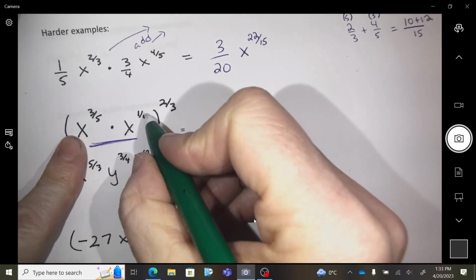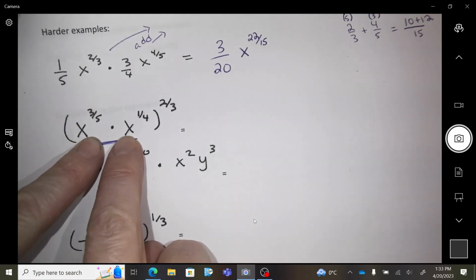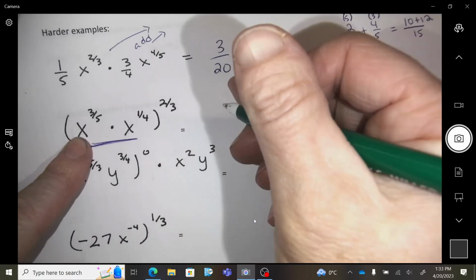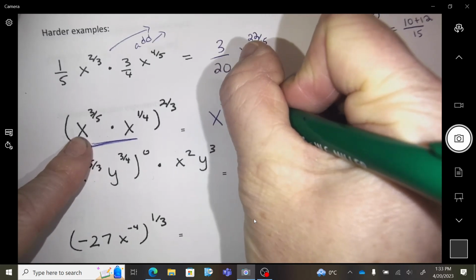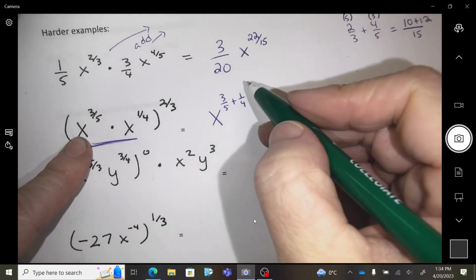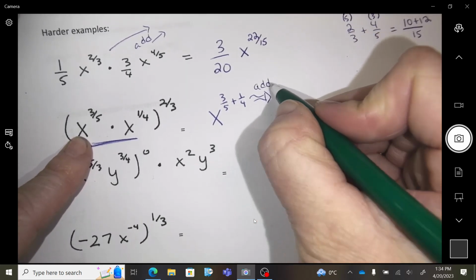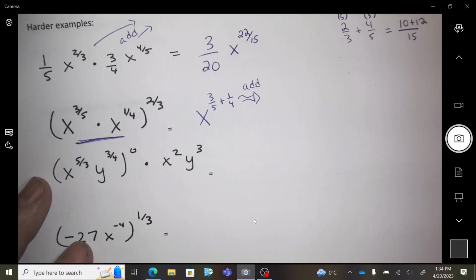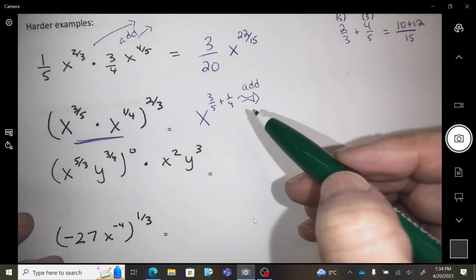So I'm going to do this first, which means, what's the rule? Multiplying, what should I do? Add. You're going to add. Okay. I need a 20.